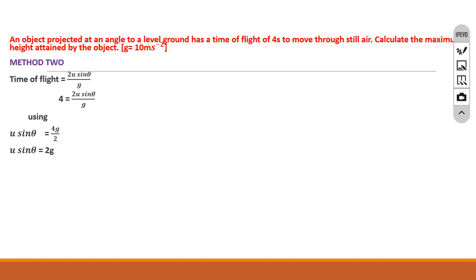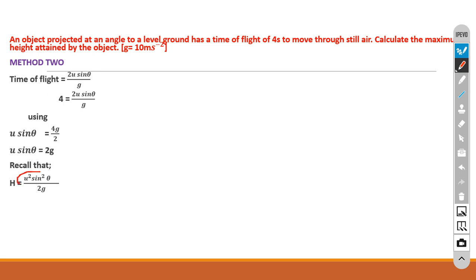But remember the expression for maximum height. Recall that maximum height is given by u squared sine squared theta over 2g. Look at the numerator of that expression.